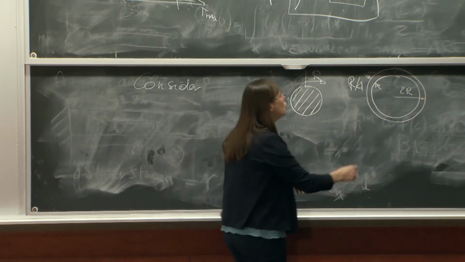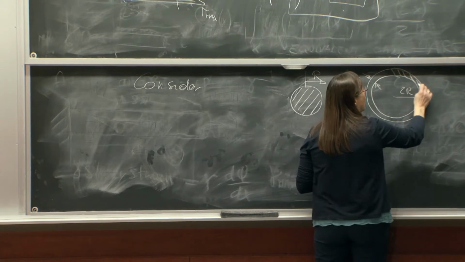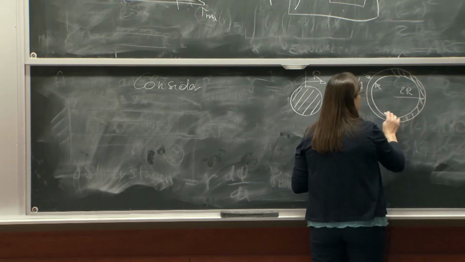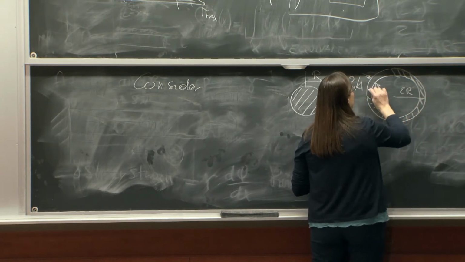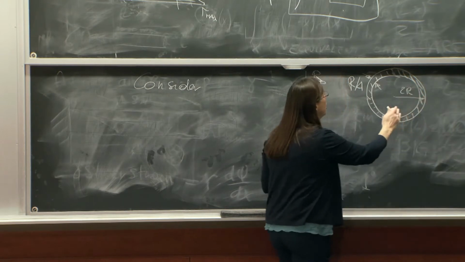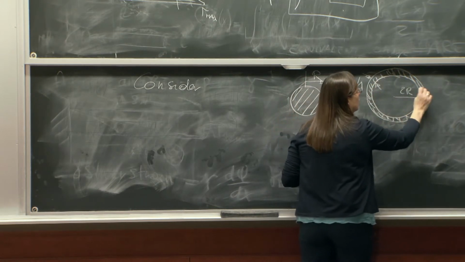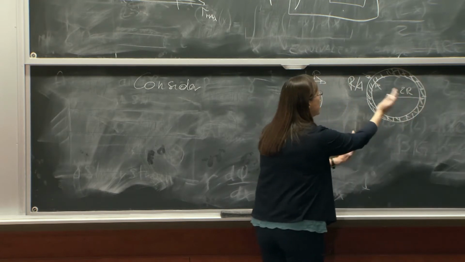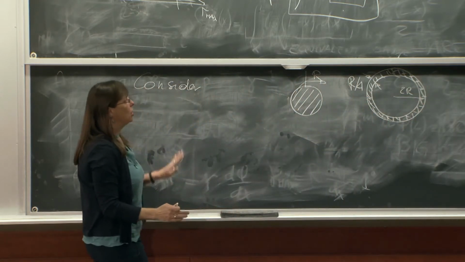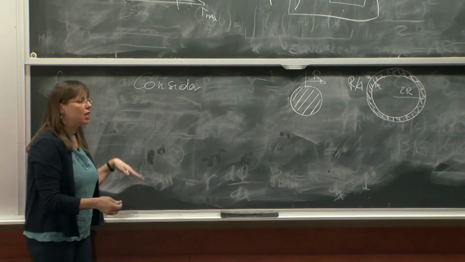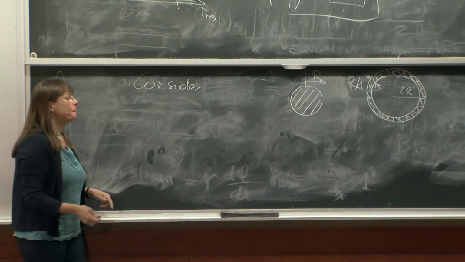OK? So these are two possible cross-sections of the shafts that I can have. Homogeneous, made of the same materials. This cross-section is hollow, and this cross-section is solid.